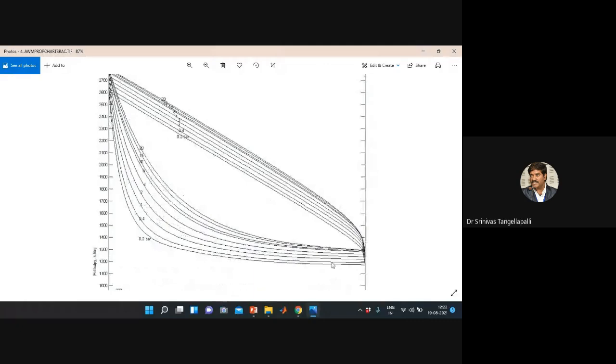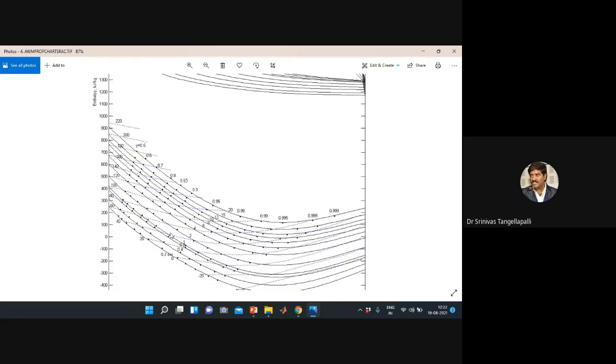Okay, first we are identifying this point, the vapor 88% and 13 bar, and draw a horizontal line till the 13 bar. From that point onwards, draw a vertical line till again the 13 bar. You may get one cutting point.